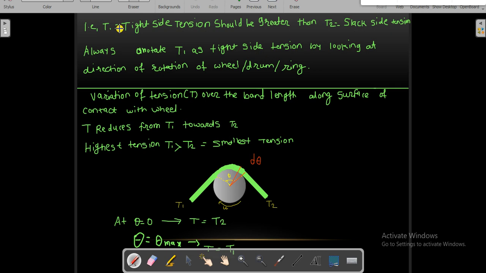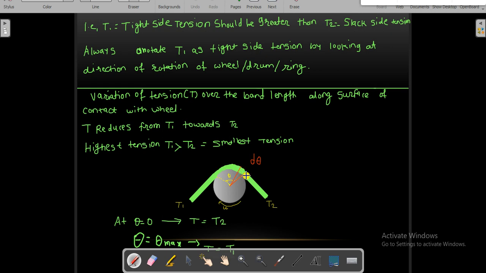Keep in mind, T1 should always be the tight side tension and it should be greater than T2. T2 is the slack side tension and it will be the smallest. As you go from the point of contact at T1, the tension will go on decreasing up to T2.